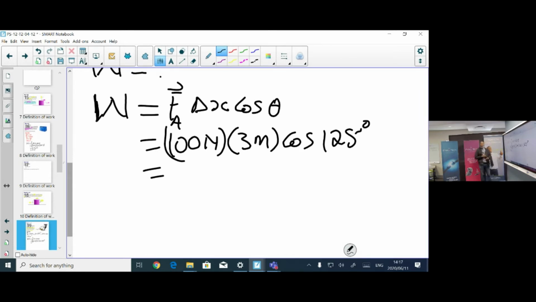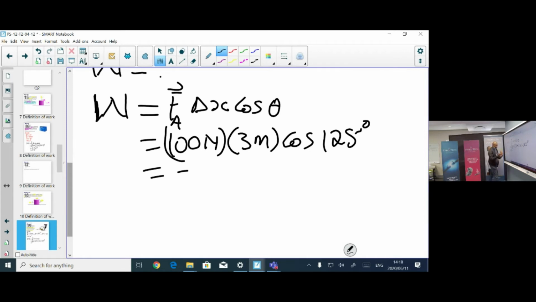While I'm doing this, I encourage you to do calculations as well, so that you can see whether you are getting it right or not, even for the sake of knowing your calculator. All right, we have 100 multiplied by 3 multiplied by cos 125 degrees.